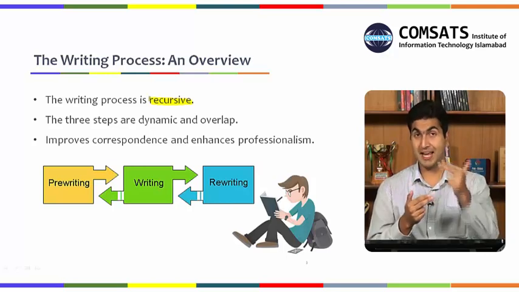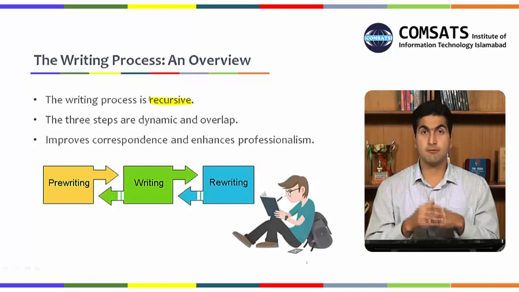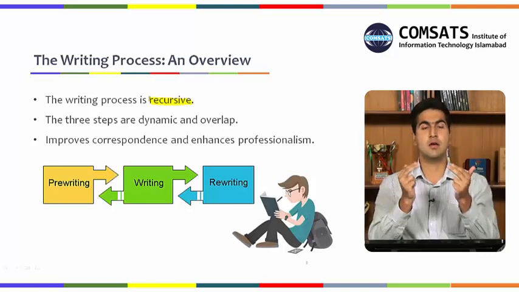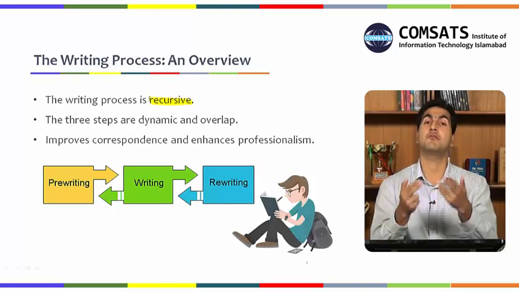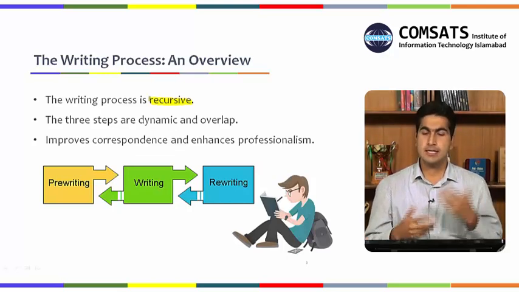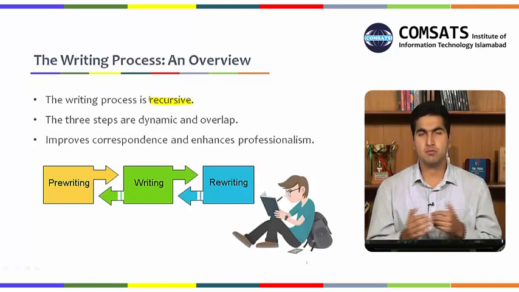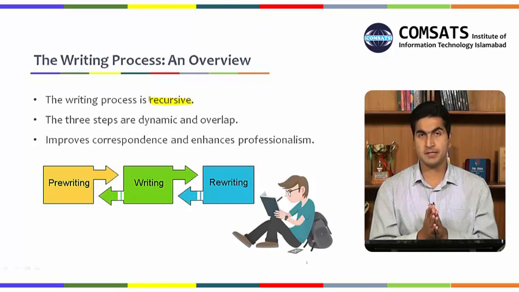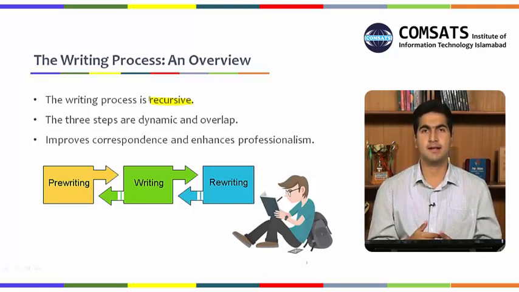You will move towards the next step, which we are going to discuss once this stage 2 is complete, and from that stage, once again, for that single draft for which you are going through these stages, you have to revert back again. It depends on the needs, the objectives. Once these are achieved, you can move ahead. If the objectives are not achieved, then this process will become cyclical, and you'll have to do it to make it a perfect draft. That's why we call it a recursive process.